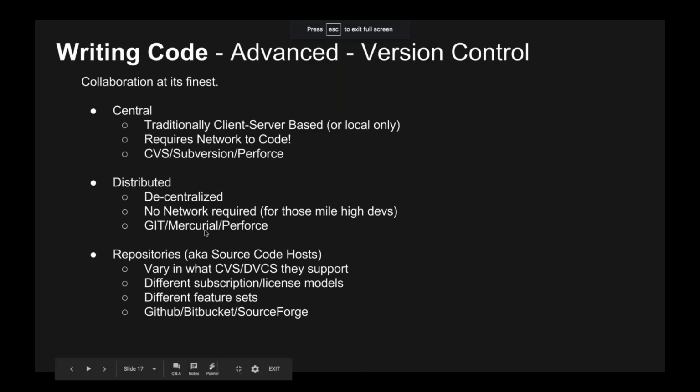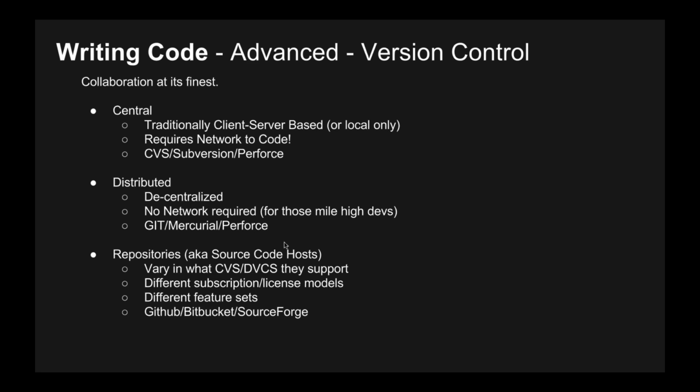So going back here, obviously these are the three major distributed version control systems, and they're Git, Mercurial, and Perforce. Git's by and large the leader. I have another deck that I did with actual numbers of the repos on these various systems, and Git just blows everything else out of the water.